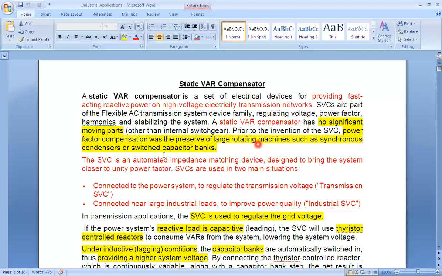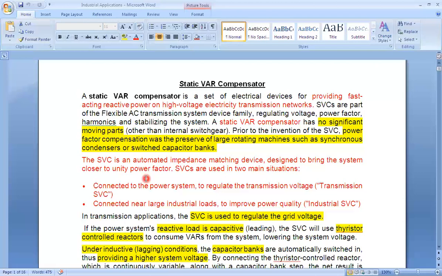And this is a switched capacitor. We are connecting the capacitor banks through one mechanical switch. But with the help of the static VAR compensator through the thyristors, we are injecting the capacitive or inductive component. So the final purpose of SVC is to maintain the power factor closer to unity value.